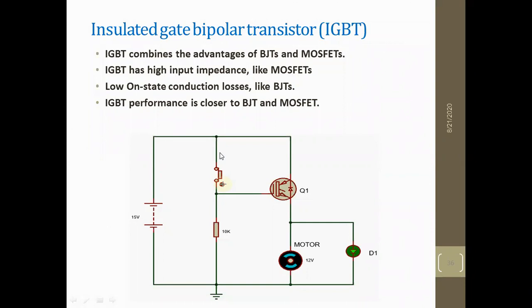These two are the important points. IGBT has high input impedance like MOSFETs and low on-state conduction losses like BJTs. Therefore, the performance is very close to the BJT, closer to the BJT than the MOSFET.